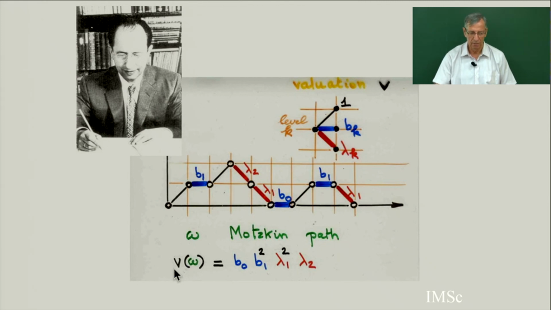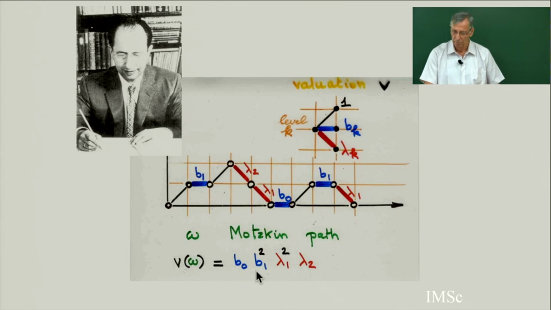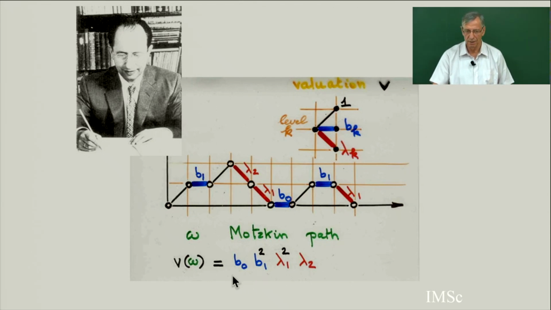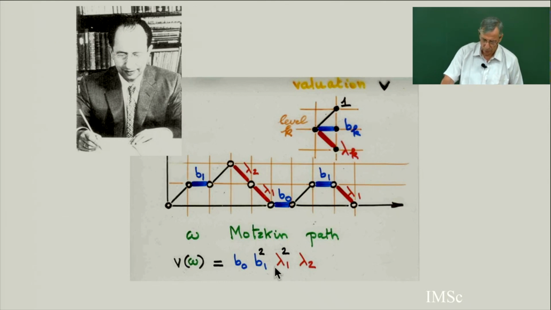And the weight v of omega of my Motzkin path is going to be exactly this monomial in the variables. You consider the b_i and lambda_j as formal variables. So I have an infinite number of formal variables, the blue and the red, and I have a weight of the Motzkin path. So this is the fundamental definition: weighted Motzkin paths, weighted by the b_k, lambda_k.